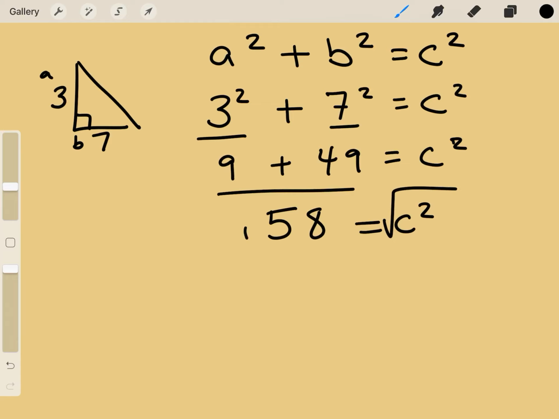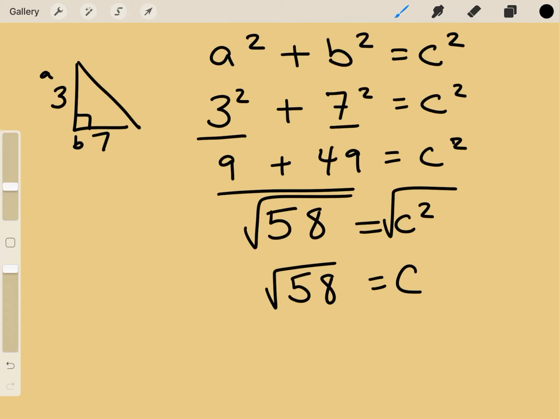And then to isolate c, I need to take the square root of both sides. So then I get c on this side, when we take the square root of c squared, is equal to the square root of 58. Then I would go check and see if the square root of 58 can be simplified. I happen to know that it cannot be simplified into anything further that will be able to be taken away from the radical.